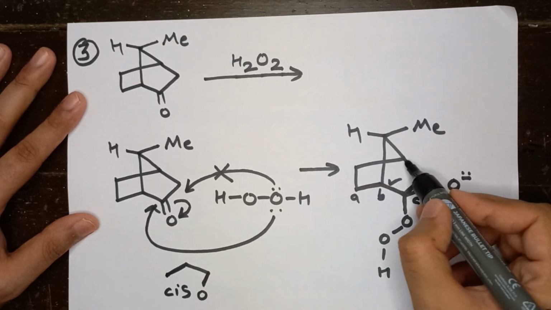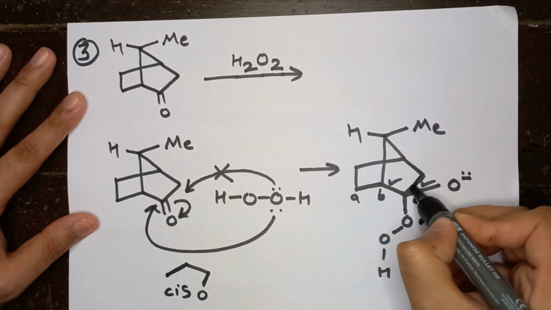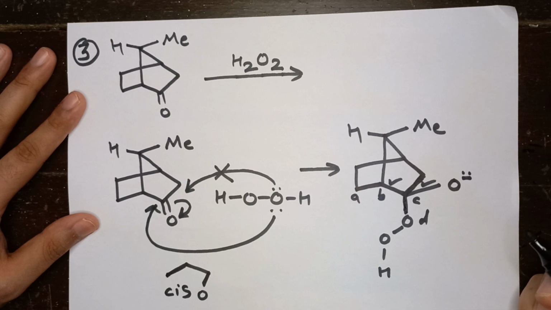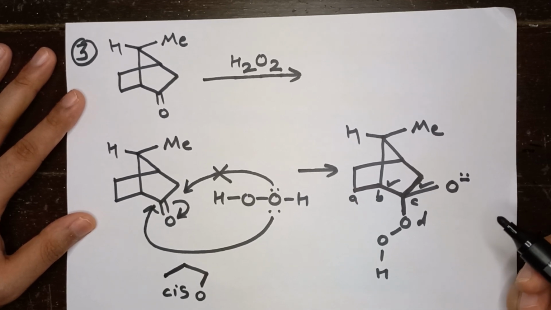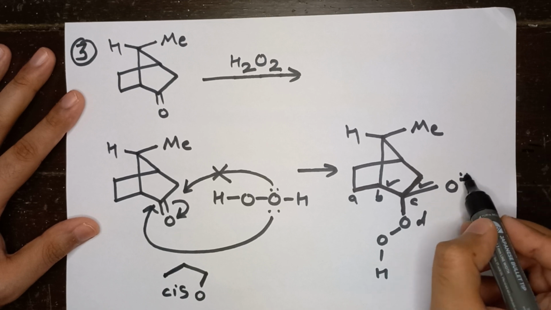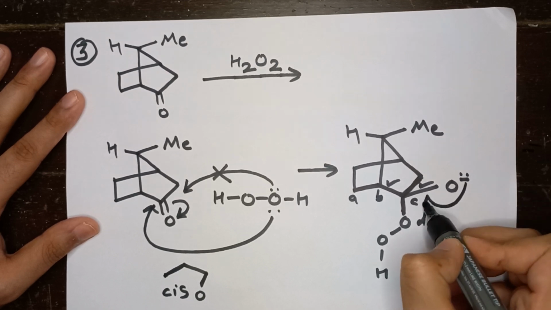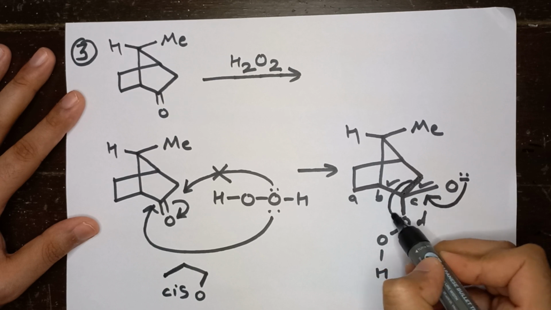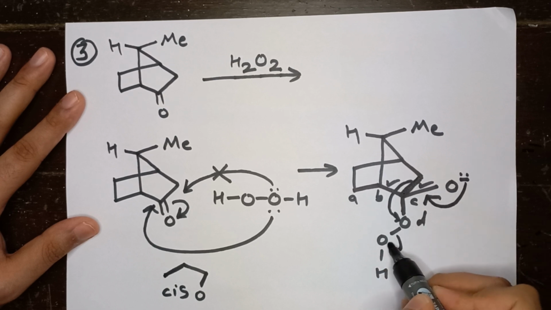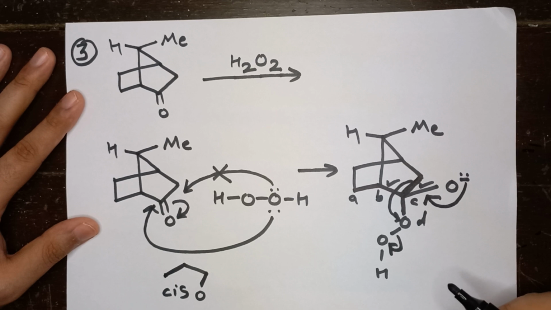But look here, a type of trans bond or the anti-position bond is present here. So that's why this oxygen will form a double bond and this particular bond will migrate to oxygen, leaving this OH group.